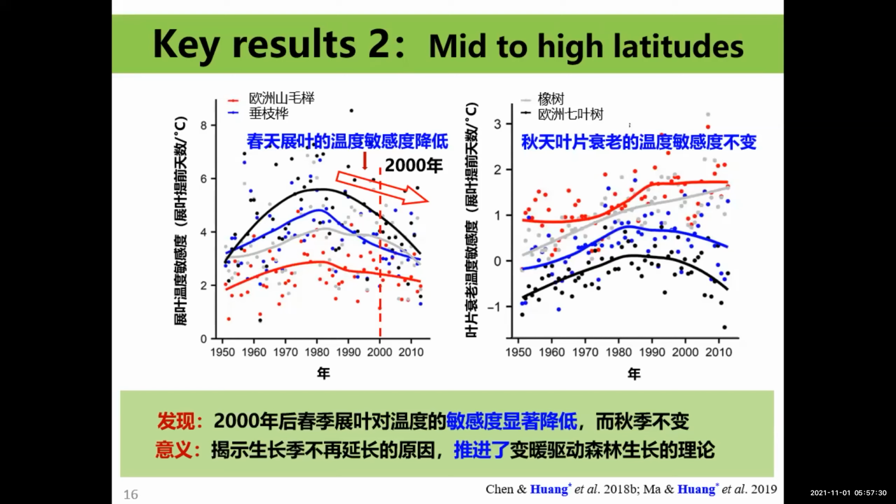We found that spring phenology showed low sensitivity to temperature change, however autumn phenology hasn't shown any sign of change. So this is why since 2000 tree phenology has not extended anymore.